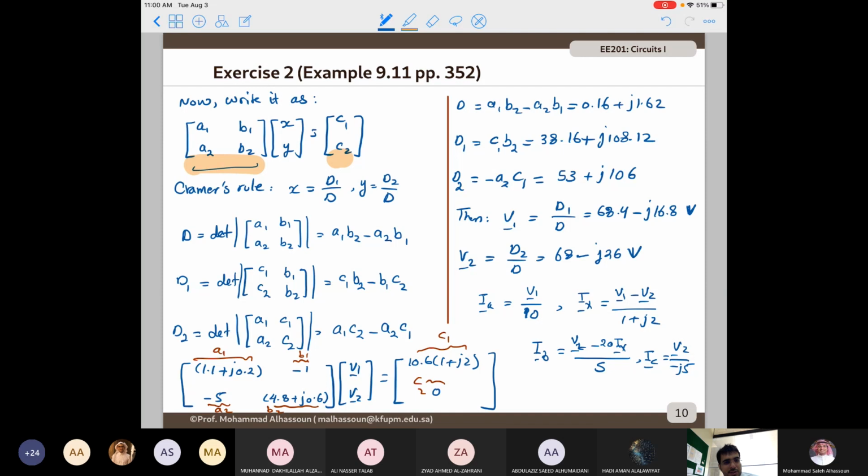This is one option. The other option is to eliminate one equation, and you will end up with a 2 by 2 matrix. Any other question?